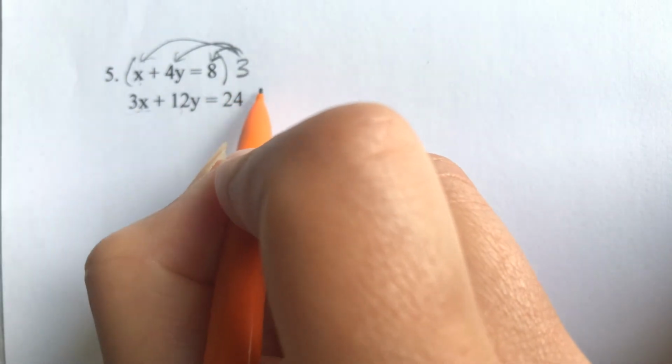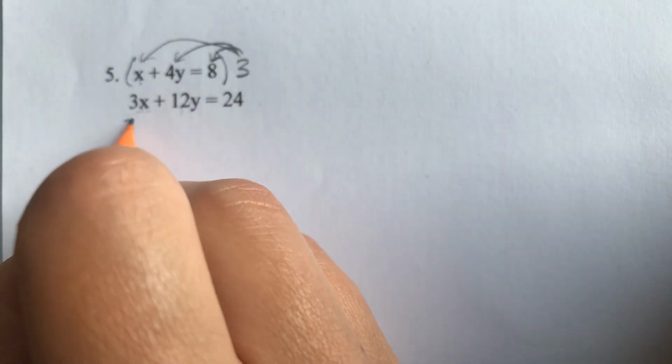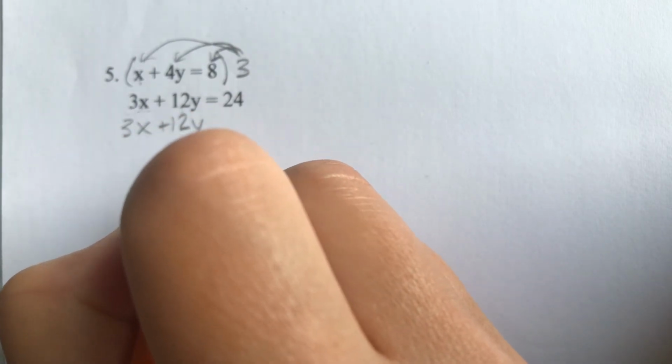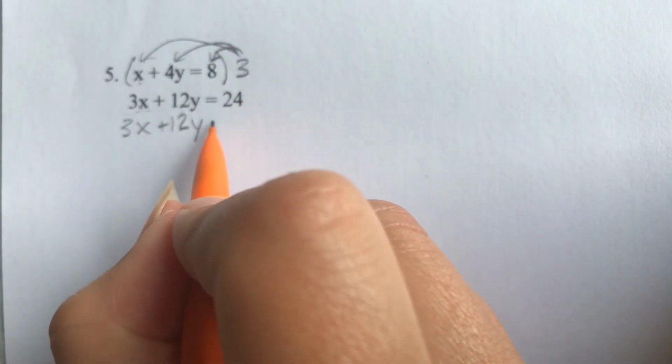3 times 1 is 3. 3 times 4 is 12. Maybe you guys are already catching what I'm seeing here. 3 times 8 is 24.